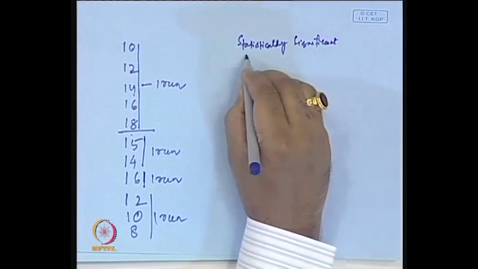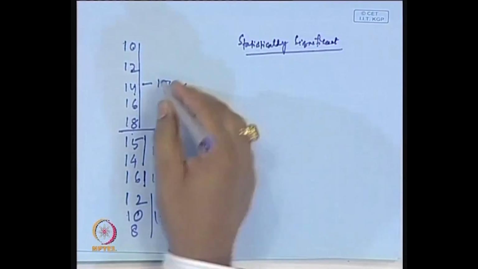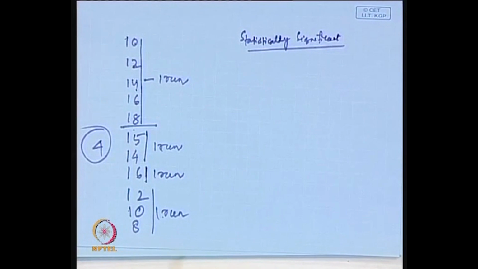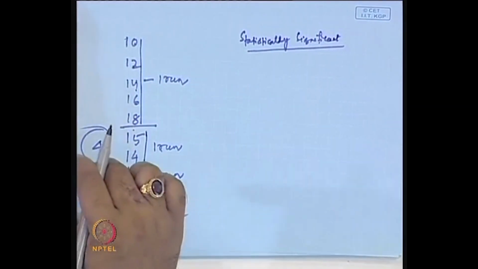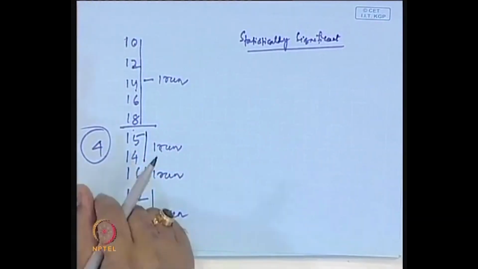For example, we have now 1, 2, 3, 4 runs in this series. We have to test whether these 4 runs are statistically significant or not. What do you mean by the statistical significance level?